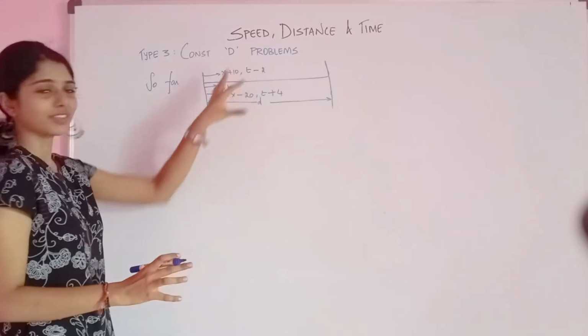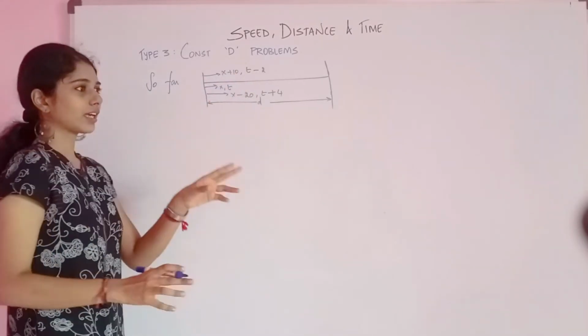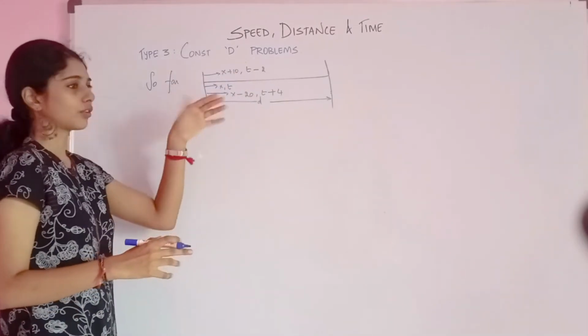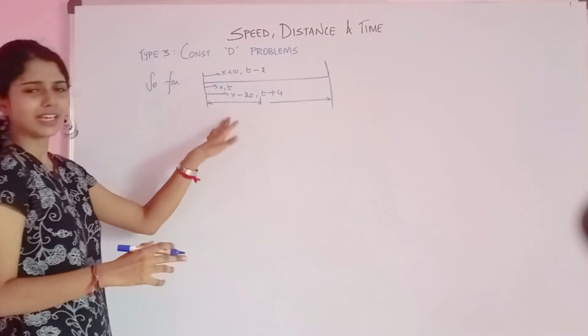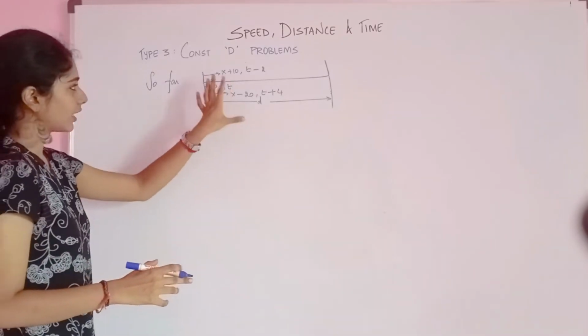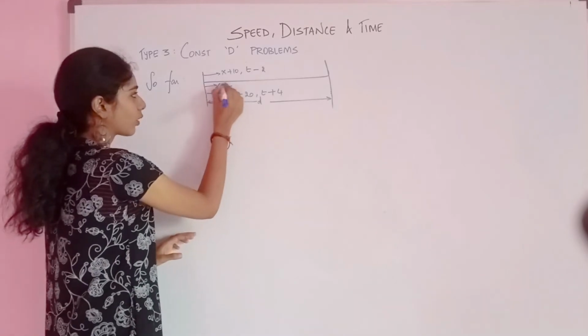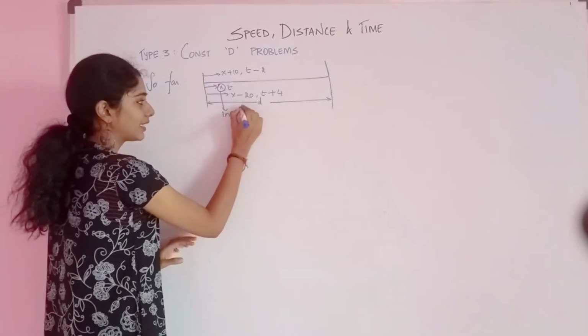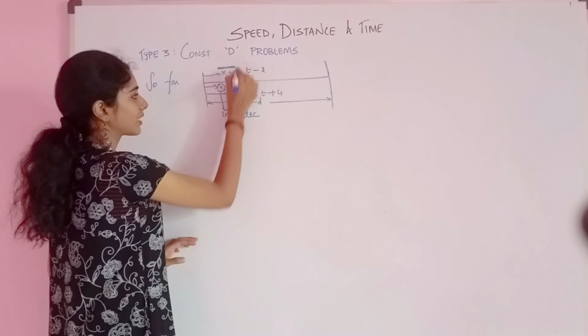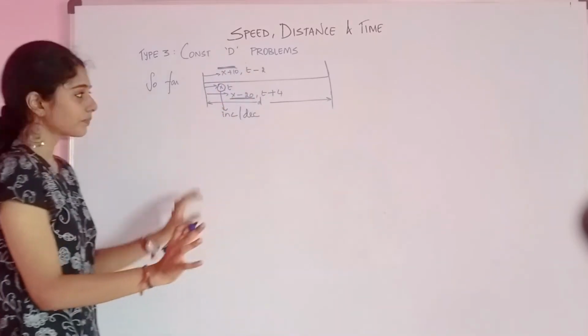We saw questions of this pattern, and we went through a formula. But the point here is that the original speed was either incremented or decremented. This is an incremental situation, this is a decremental situation.